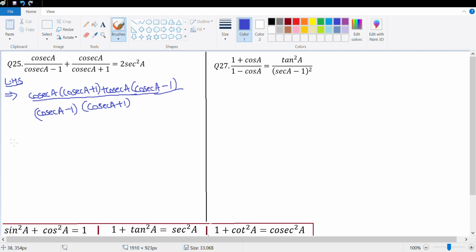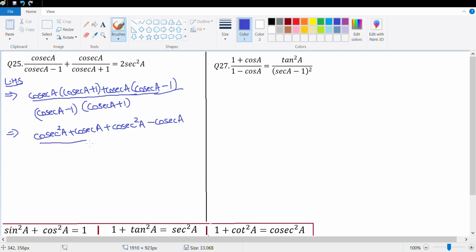Done. Let's open the bracket in the numerator. So the first term becomes cosec square A. Next term is cosec A into plus 1. That's plus cosec A. This becomes plus cosec square A again. And then the last term becomes minus cosec A.